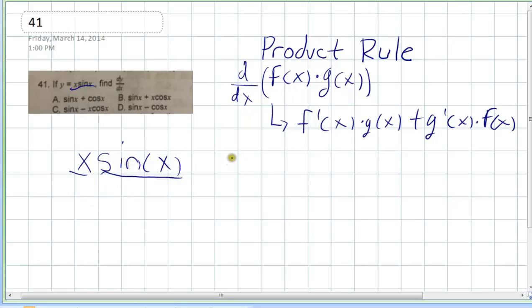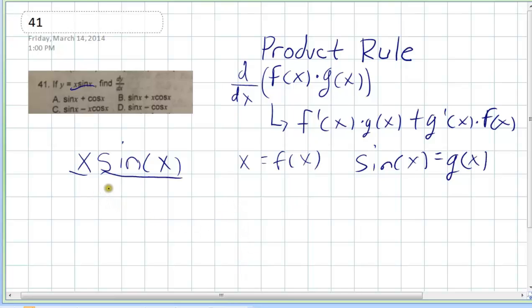So I'm going to say that x is our f of x, and sine of x is our g of x. Once you get better at this, you won't need to write it out the way I'm doing it right now. You'll be able to just look at it and do it in your head. But I'm doing this for clarity so that you can see the process that I follow.